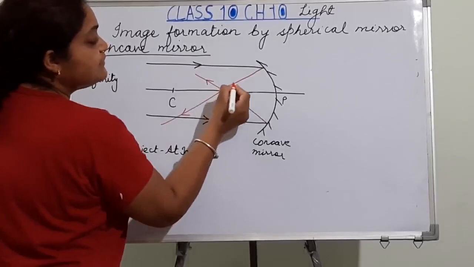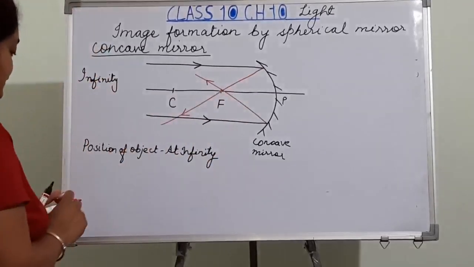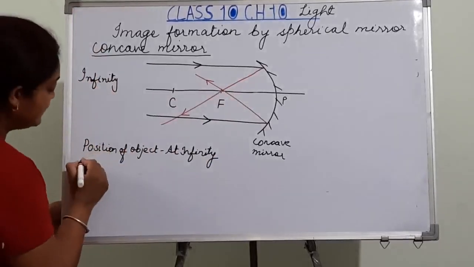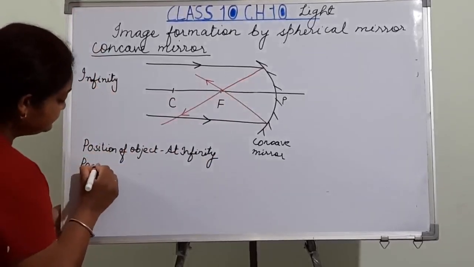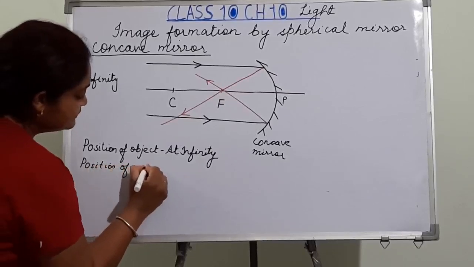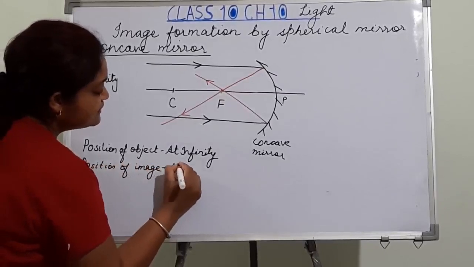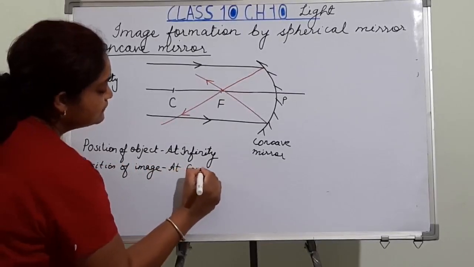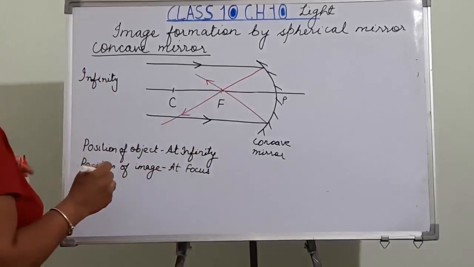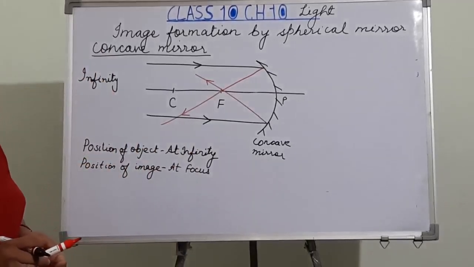This is the point where these reflected rays are meeting. So we will write down position of image: it is at focus. Now we'll also study the nature and size of image.